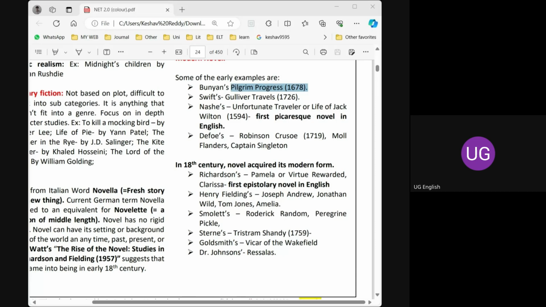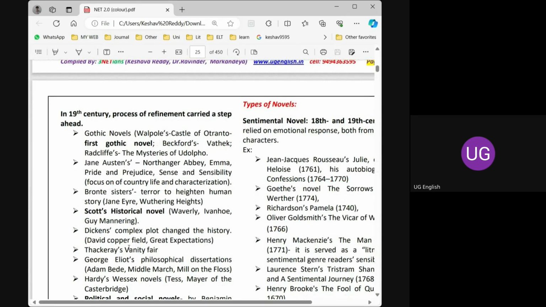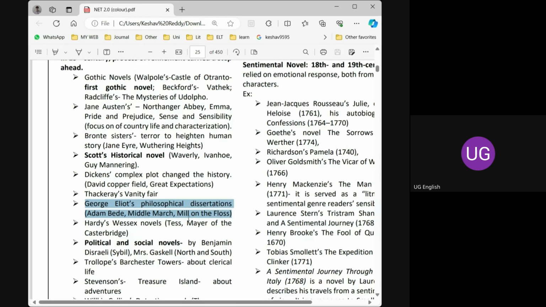One of the stops is named Vanity Fair. So the title is taken from Pilgrim's Progress, and Vanity Fair is also a very, very important novel. We'll discuss it in detail. And George Eliot's. Yesterday we discussed Adam Bede, Middlemarch, Mill on the Floss.